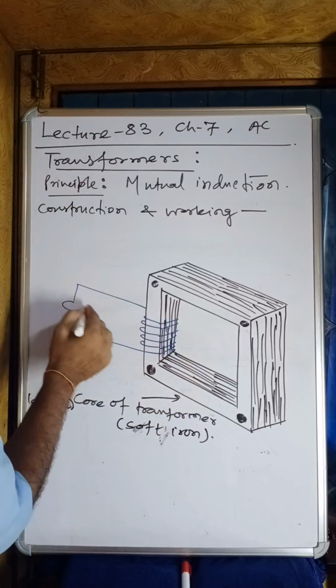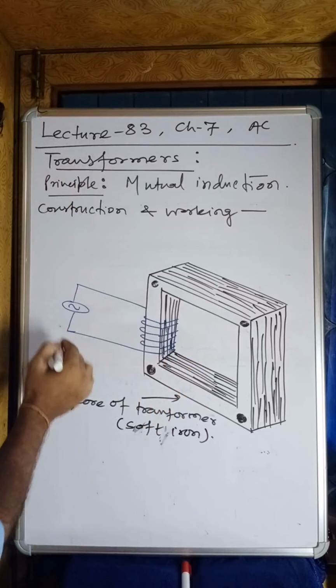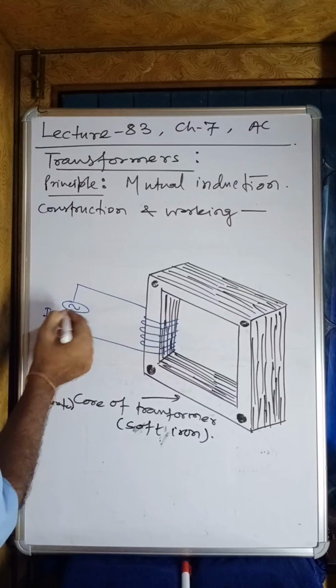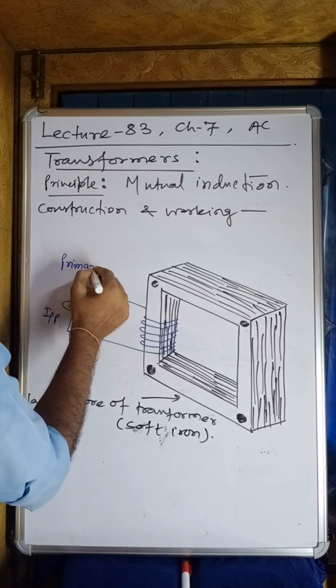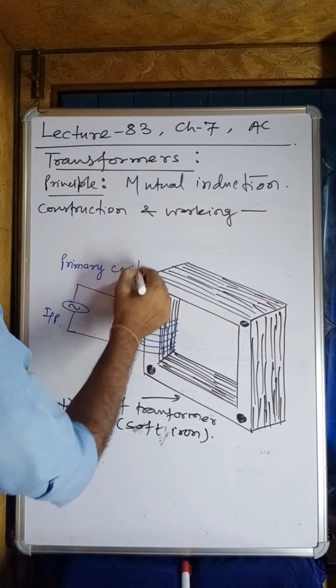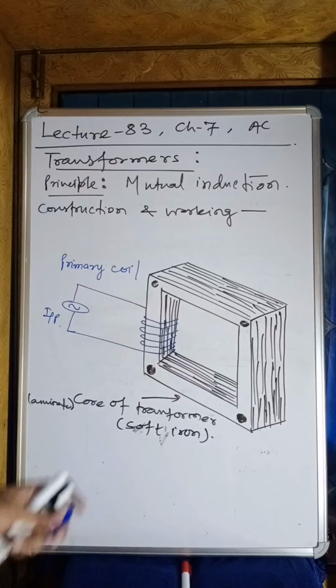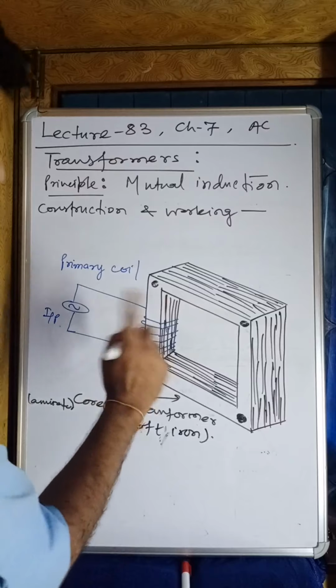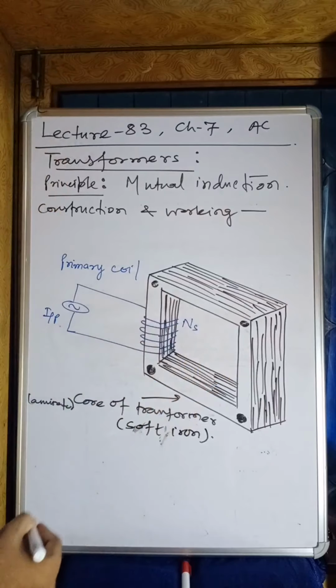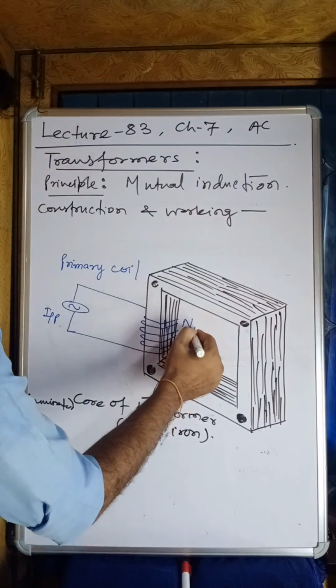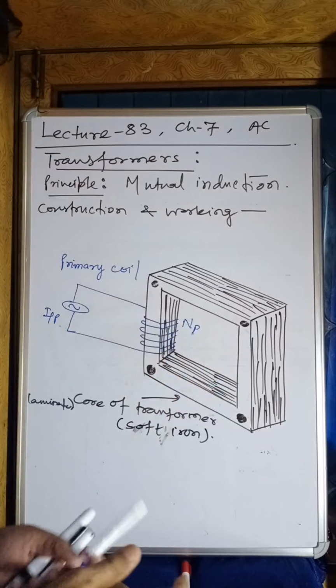This section is the input section. Input section is basically obtained at the primary coil. This is called the primary coil. It has a certain number of turns, and this will be considered as NP, number of primary turns.